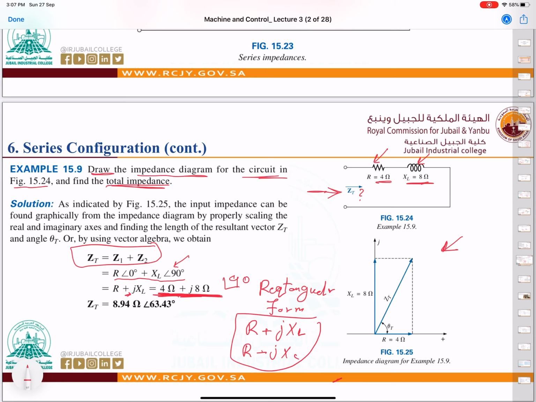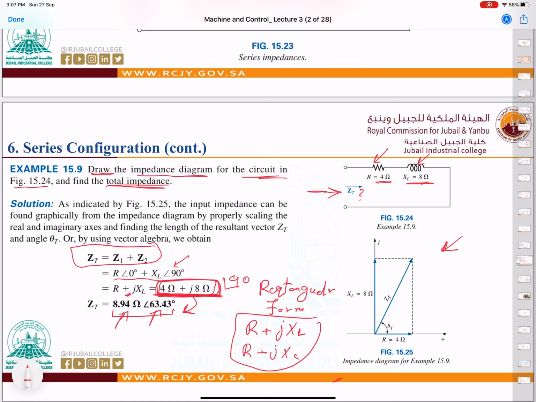The polar form, okay, is magnitude with angle. So if we need to change this value from rectangular form to polar form, we will do some conversion by the calculator.